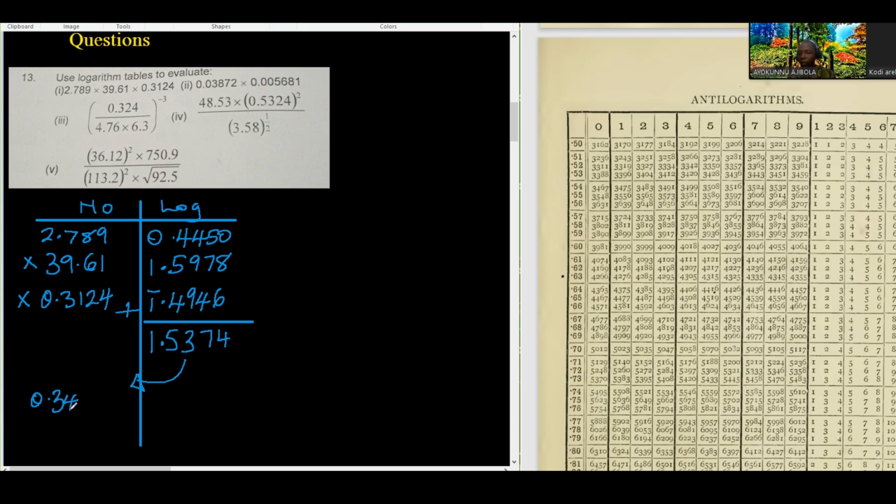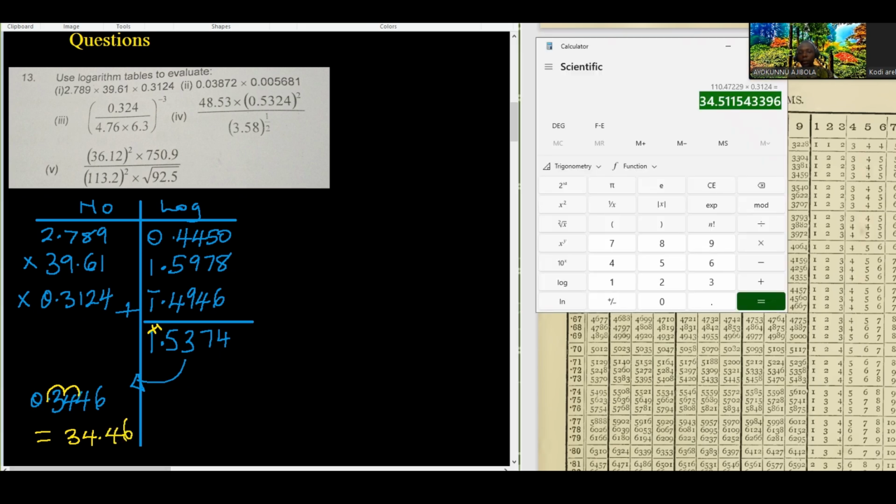So as usual, you add 1 to the characteristic here to make 2. Then you shift your point 2 steps. 1, 2. So your final answer is 34.46. And if you remember, on our calculator we got 34.51. Okay. Yes, sir. So if we're stopping at one decimal place, it will be 34.5 on both occasions.